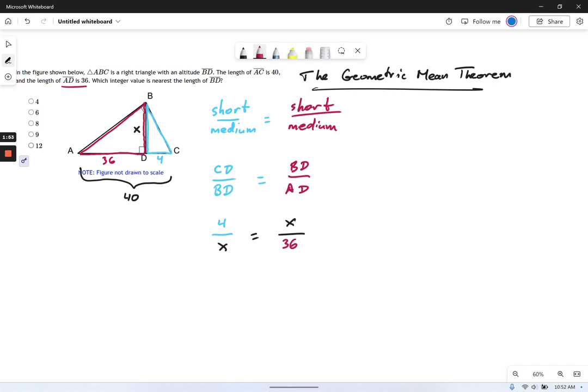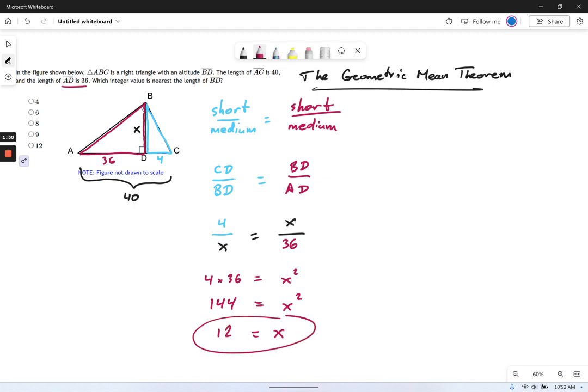There's only one variable. So if I cross multiply, I get 4 times 36 equals X times X, which is X squared. Now 4 times 36, okay, math, 144. 144 equals X squared. Well, that means X equals 12.